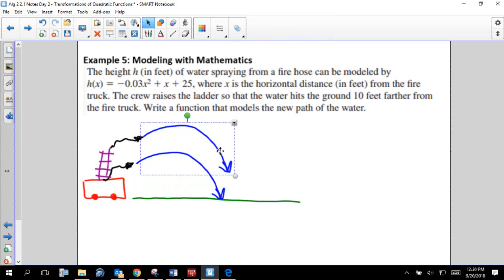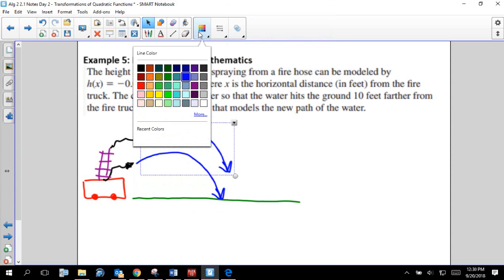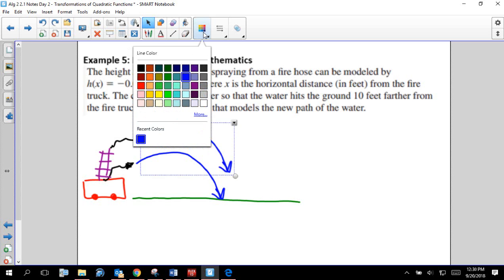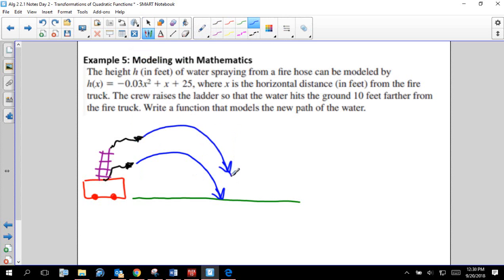Still the same function, it's just now we're spraying higher. So because we're spraying higher, now the water is going to land further away. So how far away is it going to be landing? 10 feet.